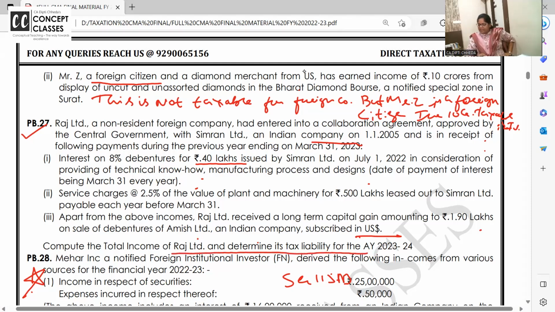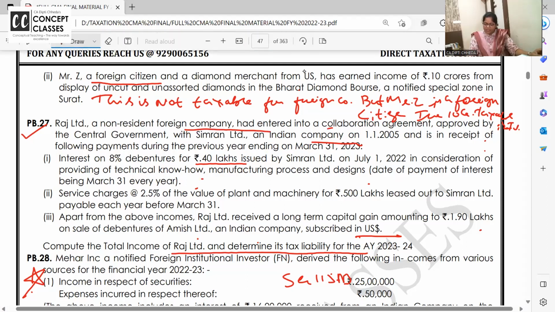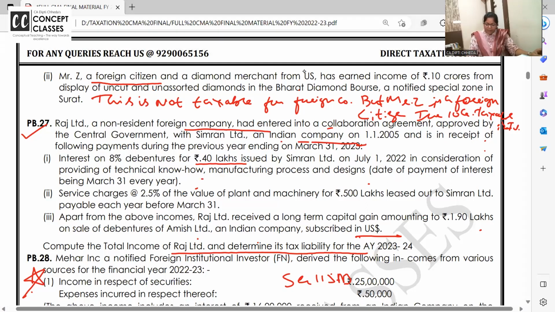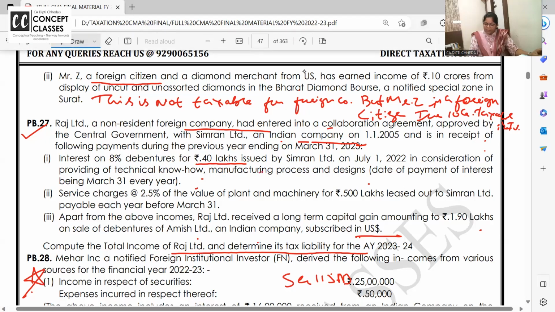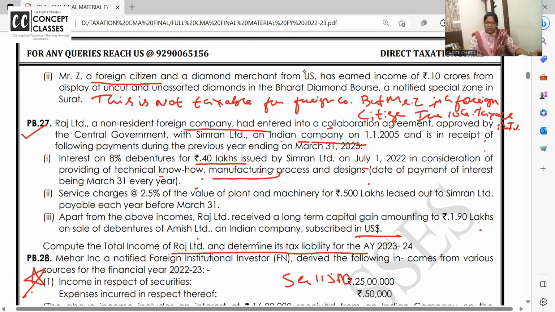Compute the income of Raj and its tax liability. We will do this in the notebook. It is the last problem, of an NR, so write it down and do it properly. Did you follow one thing or not? There is not just one income, there are not 1, 2, 3 but 4 incomes. We have rendered services. The foreign company has given services to the Indian company and they have received interest on debentures, but these debentures are issued as technical know-how, so the debentures issued are also income, right?